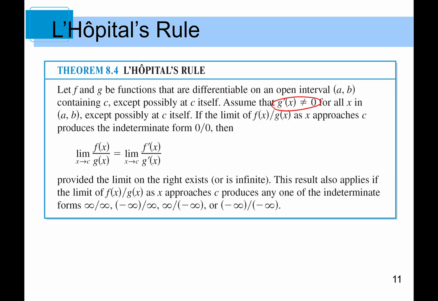That will make the quotient of the derivatives defined for all x in (a, b), except possibly at c itself. If the limit of f(x) over g(x) as x approaches c produces the indeterminate form 0 over 0, then the limit as x approaches c of f(x) over g(x) equals the limit as x approaches c of f'(x) over g'(x).